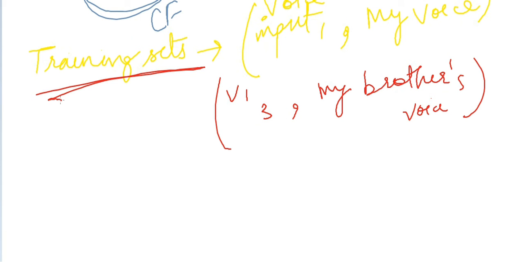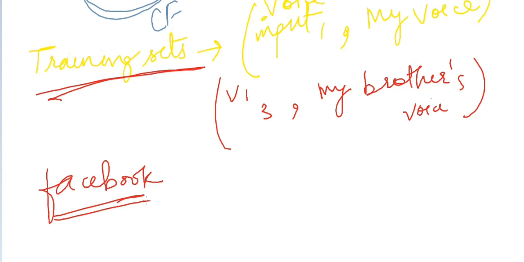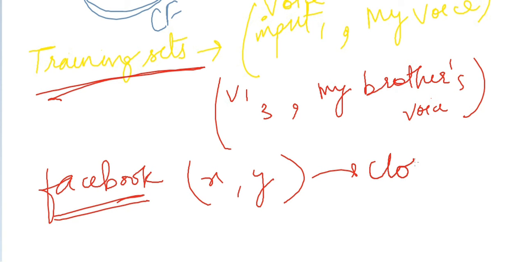Now I don't know how many of you actually remember the trend on Facebook some years ago. That was the best example of basic supervised learning. What it used to do was check our inbox and count the number of messages we were sending to our friends, and according to its calculations, there might be some sets that say messages count from X to Y will lead to your close friend.